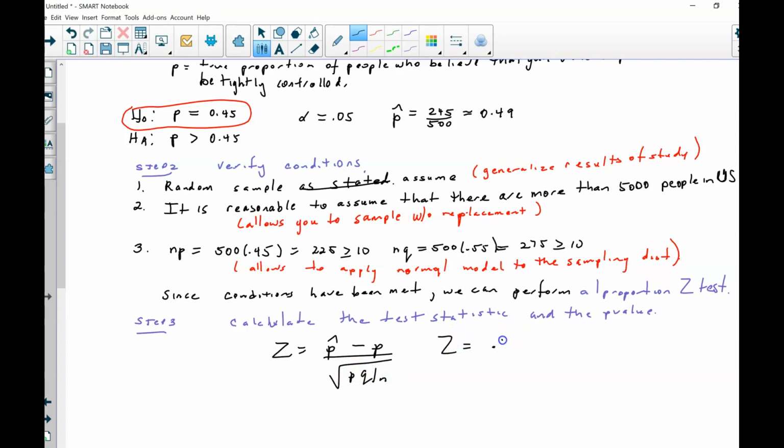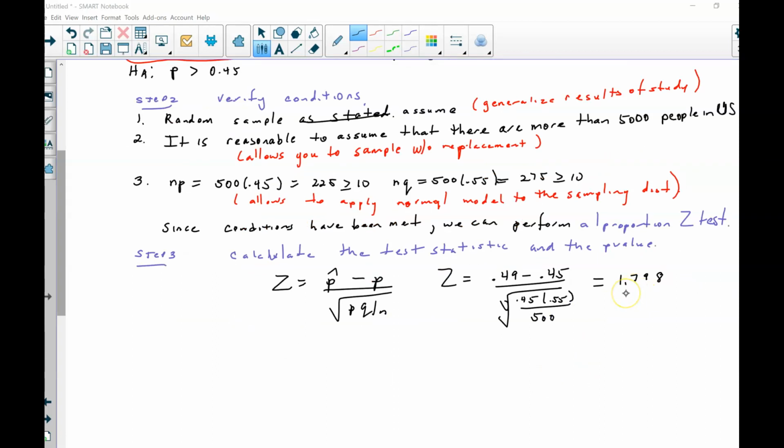So in this case, p hat is 0.49, our parameter is assumed to be 0.45, and then we're going to type in the standard deviation, the square root of 0.45 times 1 minus 0.45, which is 0.55, and n is the sample size, which in this case is 500. And we're going to enter that into the calculator. And your test statistic turns out to be 1.798.